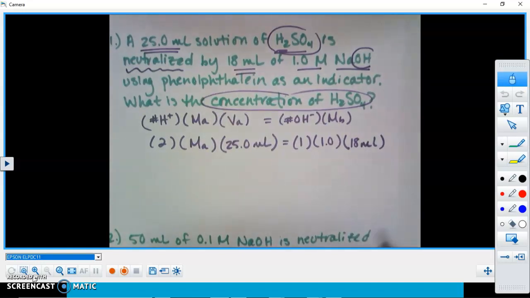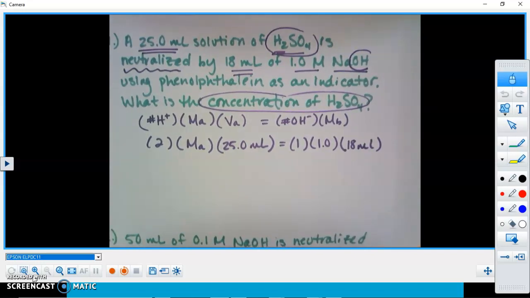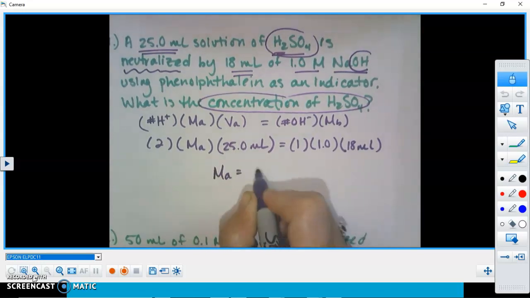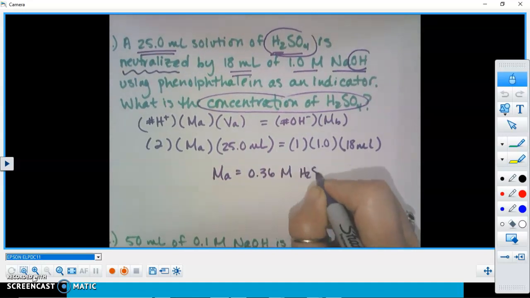So as long as you have milliliters and milliliters, you can keep that in milliliters. You don't need to convert it to liters like we did in the last video. In this case, then you want to multiply 18 times 1 times 1 and divide by the side with the variable, and that will give us the molarity of the acid, which is 0.36 molar H2SO4.